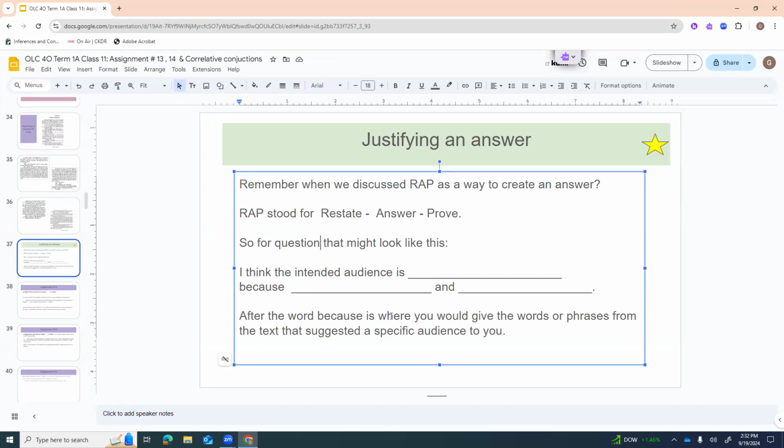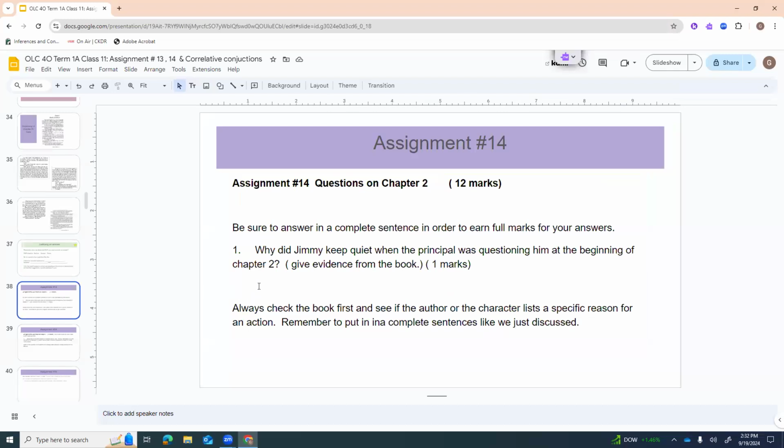I'd give my answer, and then I would prove it. I would give my reasons why. Because blah, blah, blah, and blah, blah, blah. Okay, so after the word because is where you would give your reasons. So anytime it's asking for like why, you want to use the word because and explain your reasons. Okay, so this part is worth 12 marks.